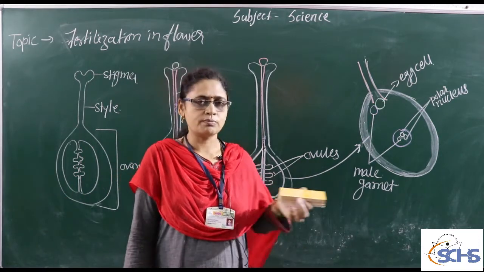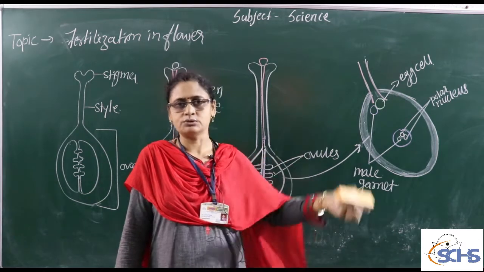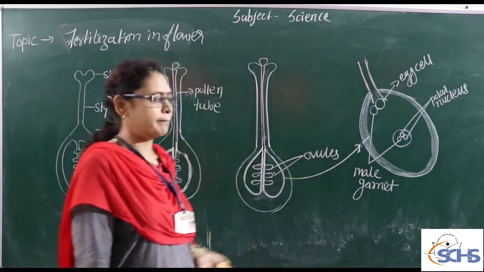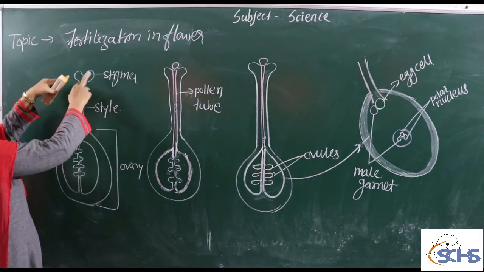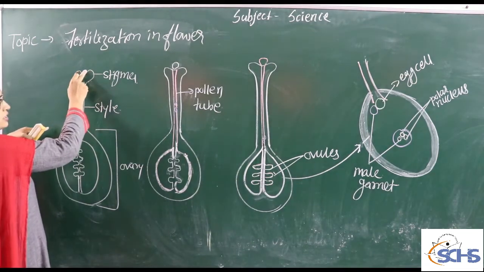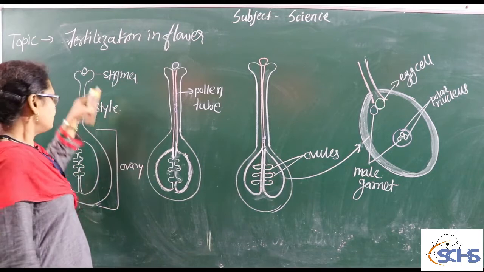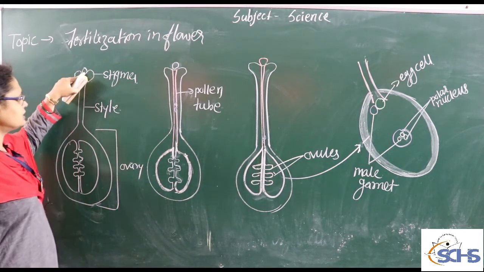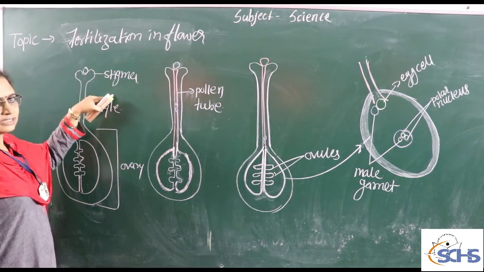As the process of pollination is carried out, the pollen grain is transferred from anther to stigma. So in this process, what happens? The stigma becomes very sticky. Why? Because by the process of pollination, the pollen grains are landed over the stigma. And what is the second change that is carried out?